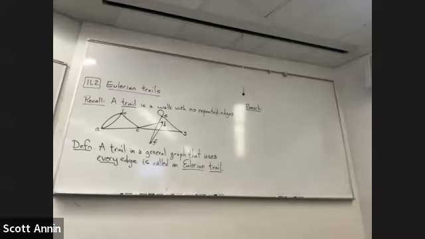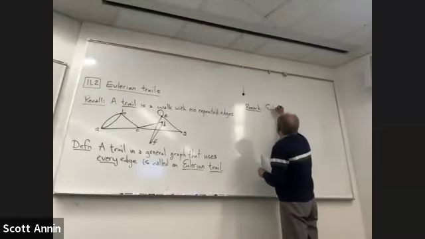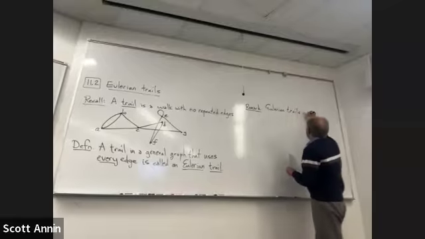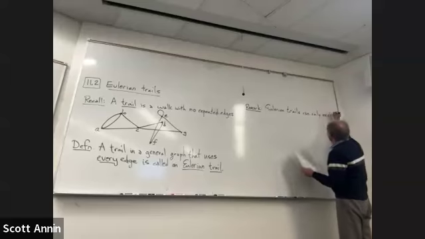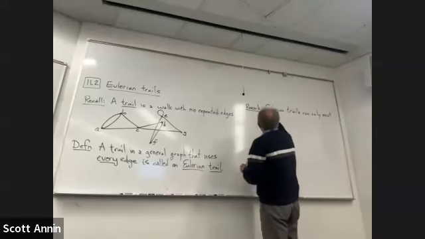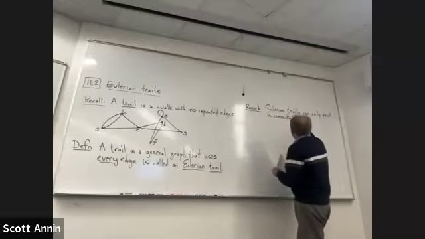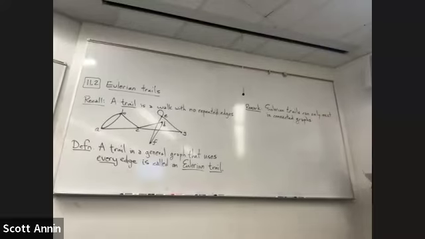And you're not allowed to do that. You have to stay on the edges that are in the graph. So I'll just add that as a remark here. Eulerian trails can only exist in connected graphs. Not going to happen otherwise, right? So it has to be only in connected graphs.